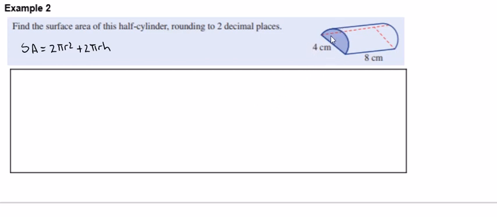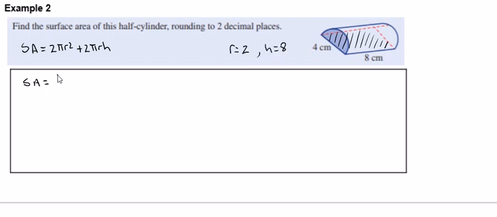But we also have to include this flat rectangular face on the bottom. So we're going to do this. Surface area equals, I'm going to put it in brackets. Firstly, let's work out our radius is not 4, it's 2, because the diameter is 4, and the height is 8.